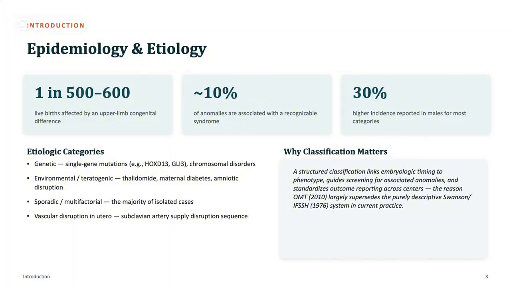Thalidomide is still a drug used for immune modulation diseases like MS. Other causes are maternal diabetes, amniotic disruption, sporadic or multifactorial genes plus extrinsic environmental factors, and vascular disruption in utero, such as subclavian artery disruption, which may cause upper limb abnormalities.